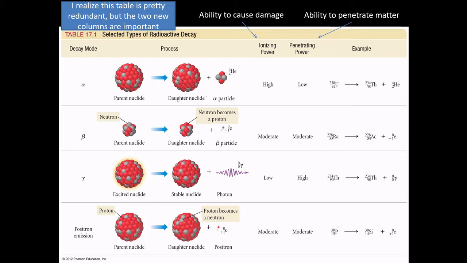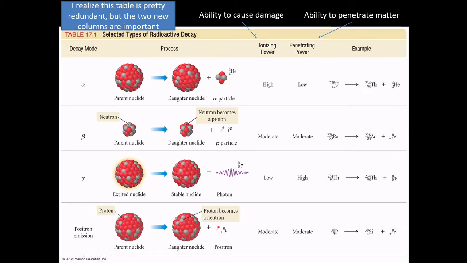Even if they're going at a much slower speed, they're still going to have much more energy than an electron or a photon would have. So they have by far the highest ionizing power, but then the flip side of that is that it's really easy to protect yourself from them. Alpha particles, you could have a piece of paper between you and the alpha source, and you are going to be essentially safe.